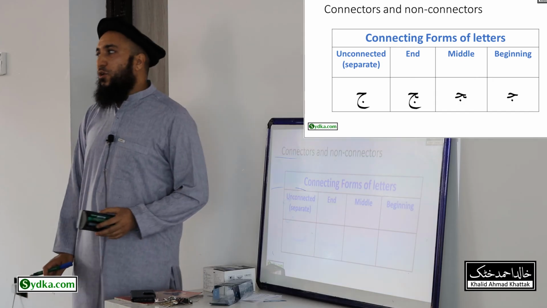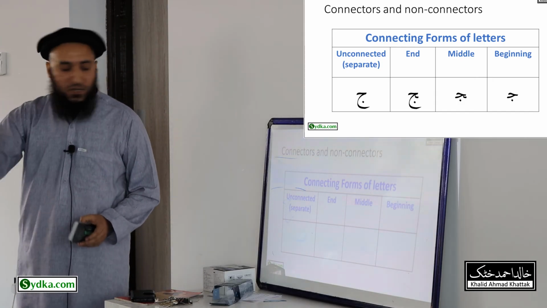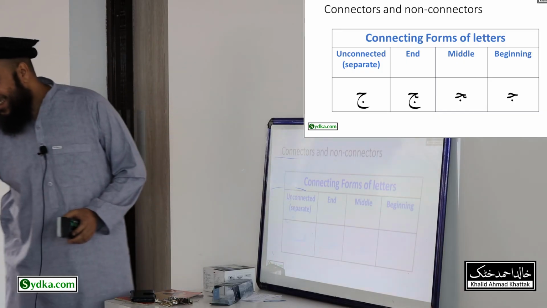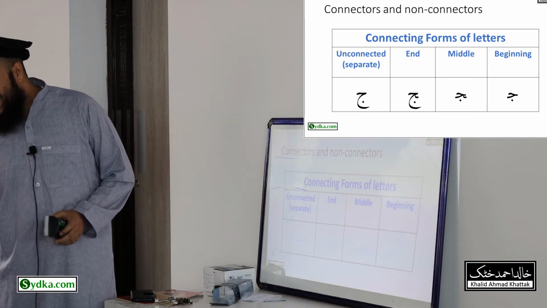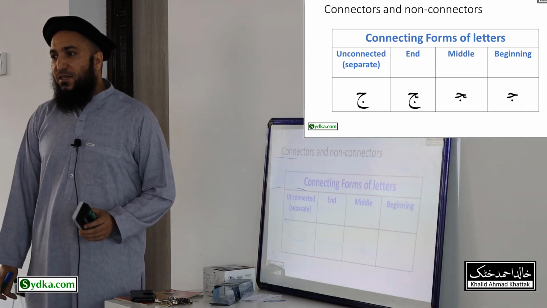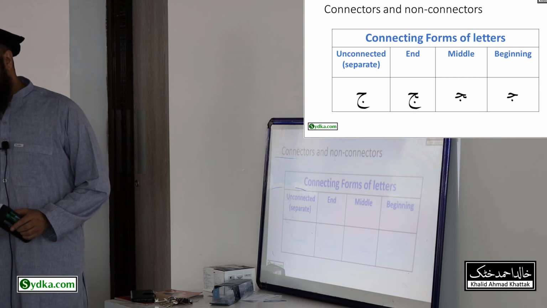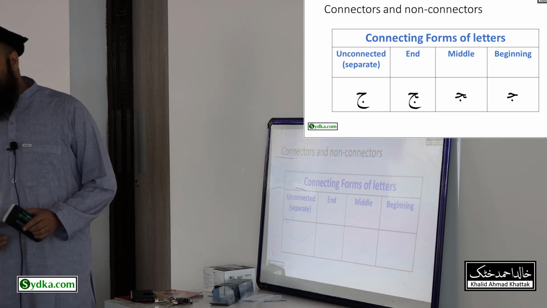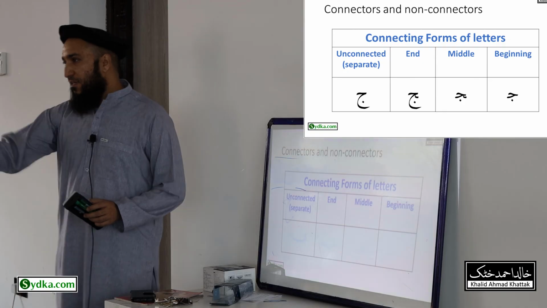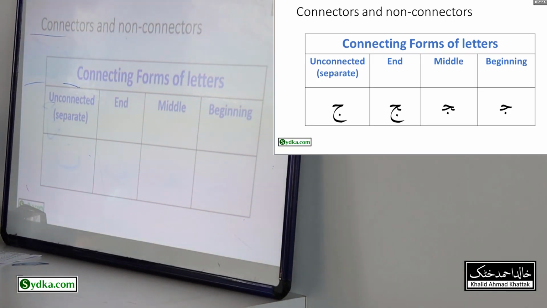Is it a connector or non-connector? You have done it? Say it again. Good. Why? Anyone else? Both sides. Yeah, you can connect it with something else with both sides.